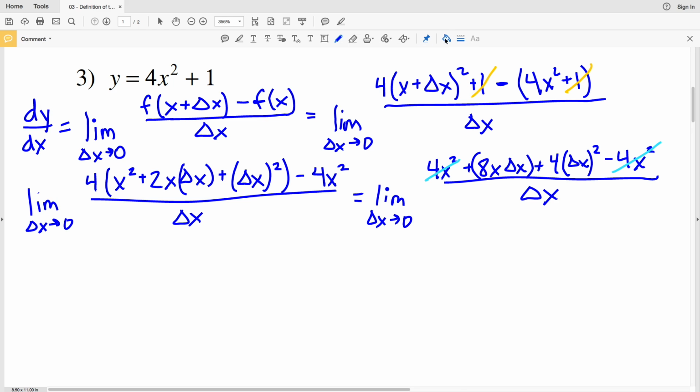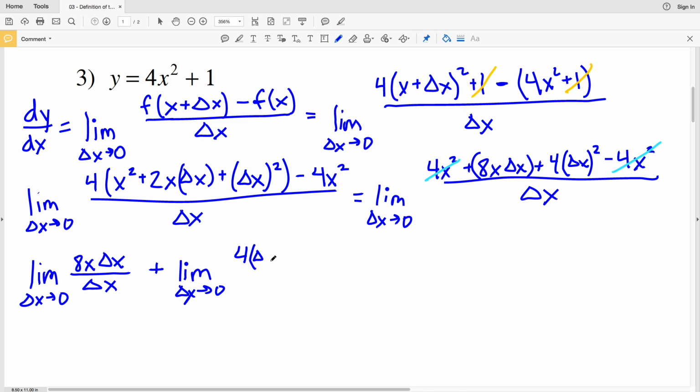So I can split up this limit because my terms are added together over the same denominator. So I'll have the limit as delta x approaches 0 of my first term, 8x times delta x over delta x, plus the limit as delta x approaches 0 of 4 times delta x squared all over delta x.